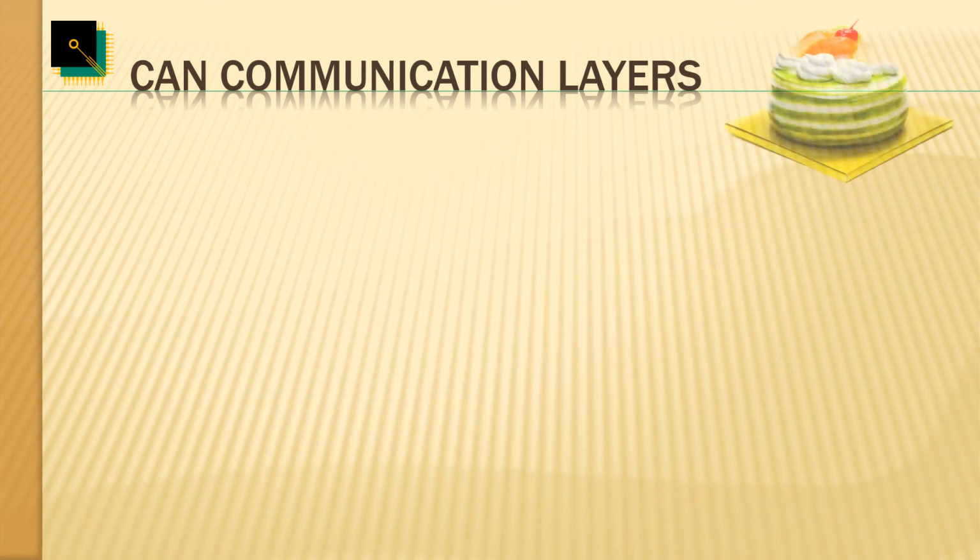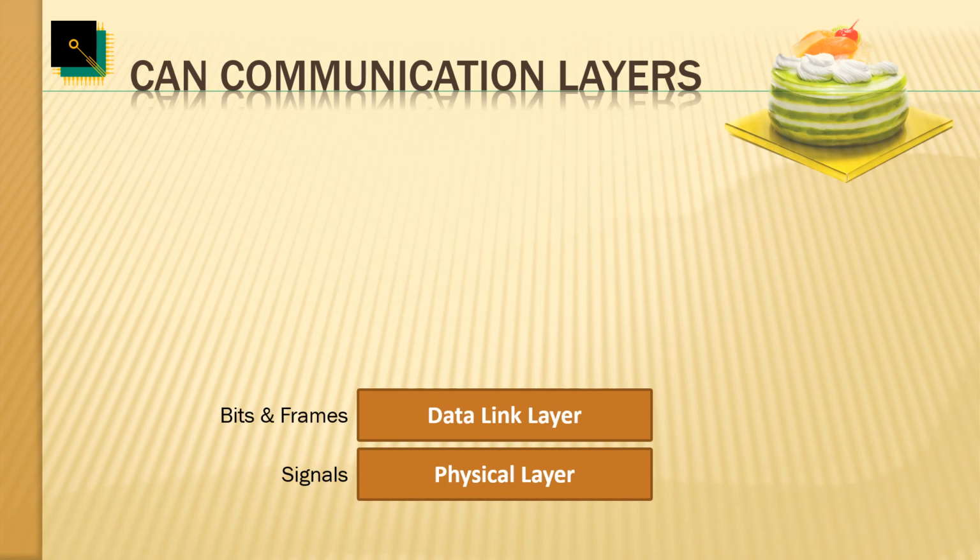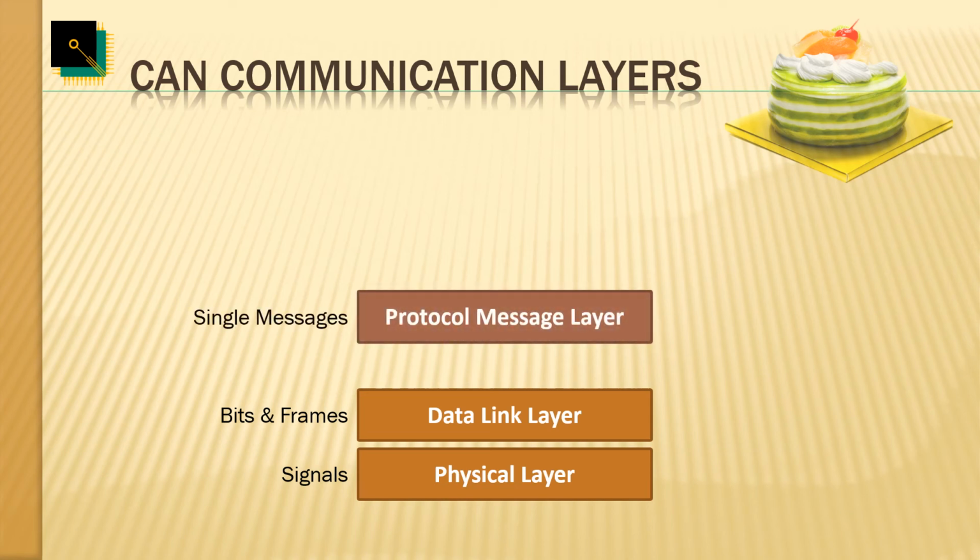Reviewing the CAN communication layers, we have the physical layer and the data link layer at the bottom. Those are provided by the CAN controller and are typically in hardware. On top of this, we have the protocol message layer. So this is where the higher layer protocol defines single CAN messages that are communicated.